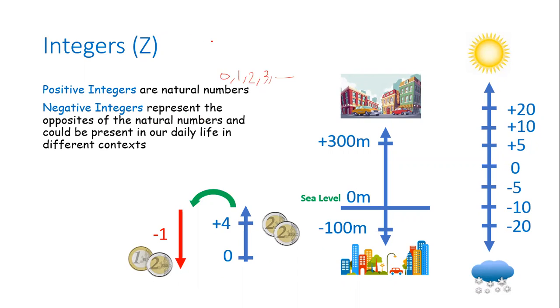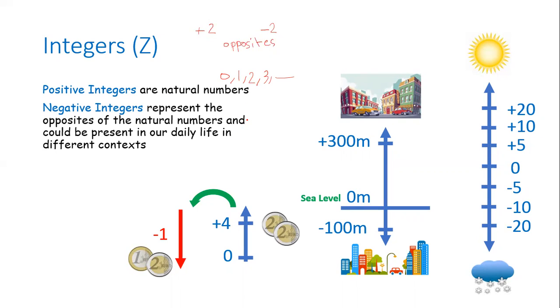So for example, plus 2 is a natural number, which is also a positive integer, then minus 2 is the negative integer that is opposite to this positive integer, and we call these two numbers opposites.